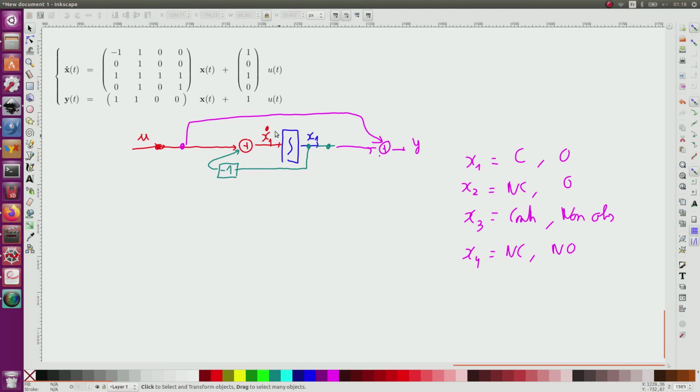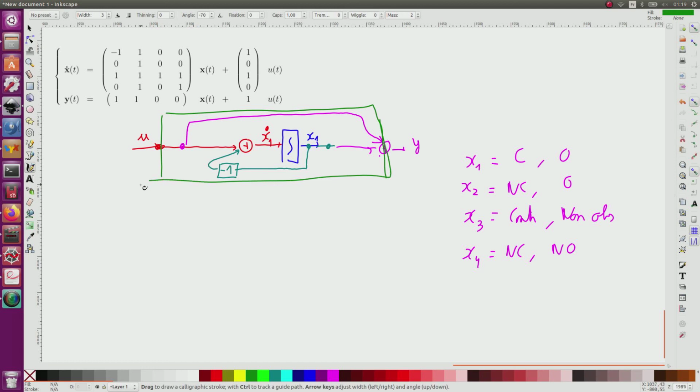And at the end, I have only x1, and if I take this system, then if I compute the transfer function of this system, I will obtain g of s is equal to s plus 2 divided by s plus 1, as I have previously computed.